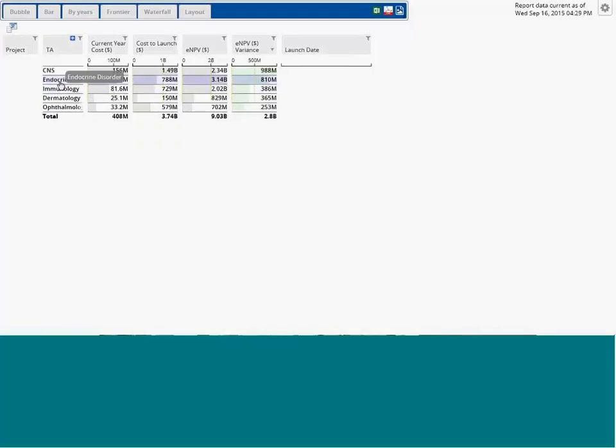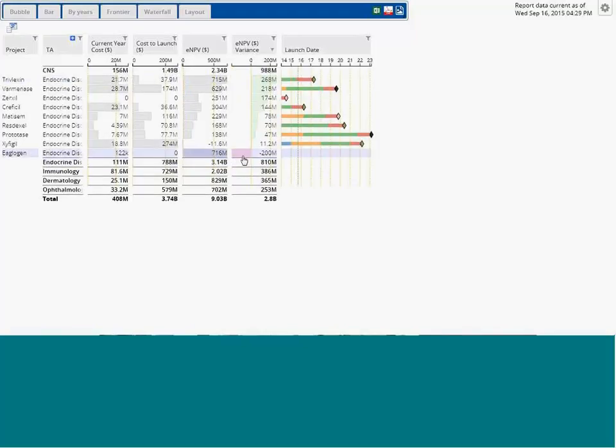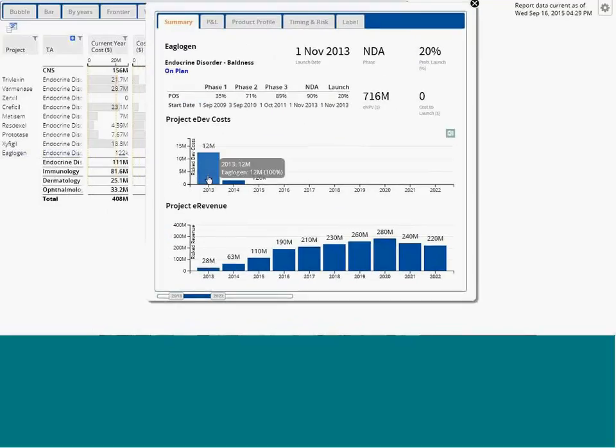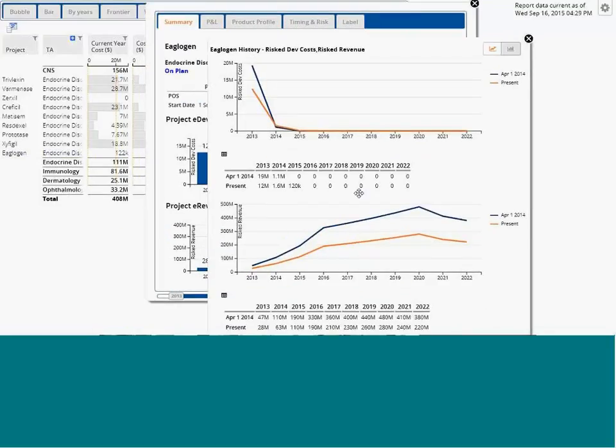And then it's important to look across the therapeutic areas and see what the variance has been for each of those therapeutic areas, and then be able to drill down and say, within a given therapeutic area, the project with the most ENPV erosion has that erosion as a function of the fact that a year ago we were looking at a $500 million revenue a year project, and now we're looking at a closer to $250 million a year peak revenue project.